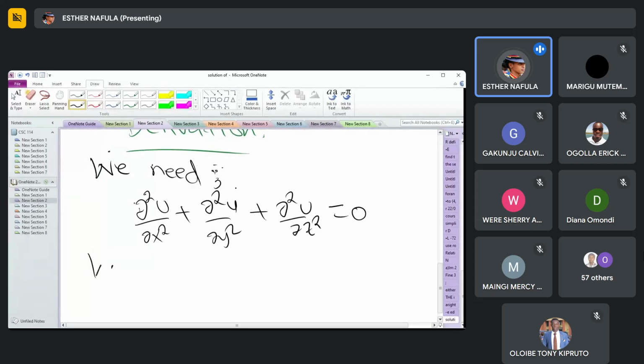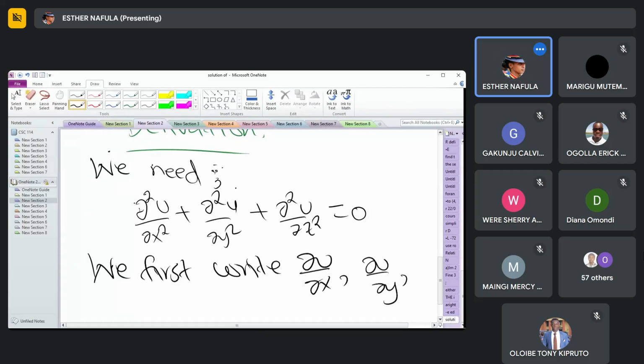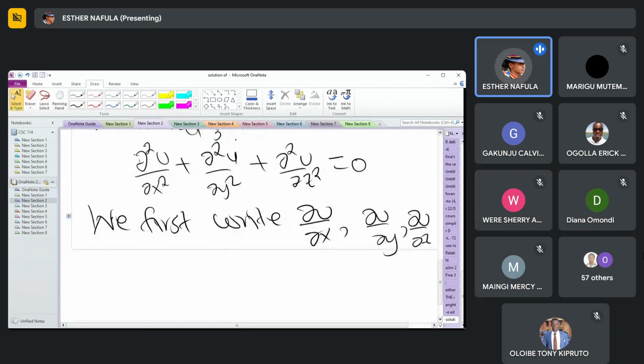We first write partial u partial x, partial u partial y, partial u partial z in cylindrical coordinates. Once we have these ones, then to obtain the second partial derivatives will be easy.